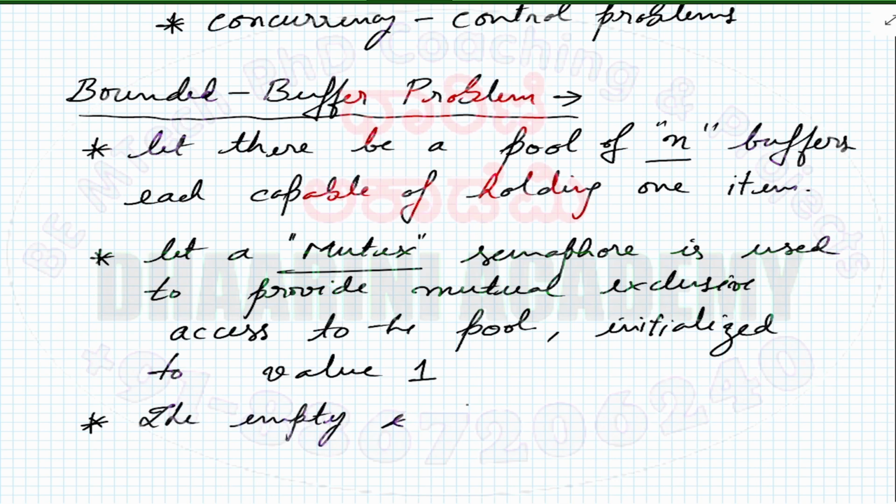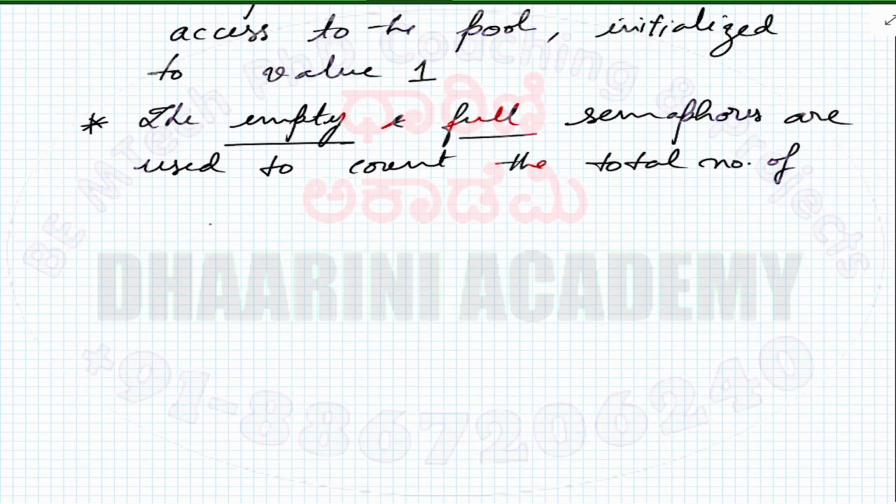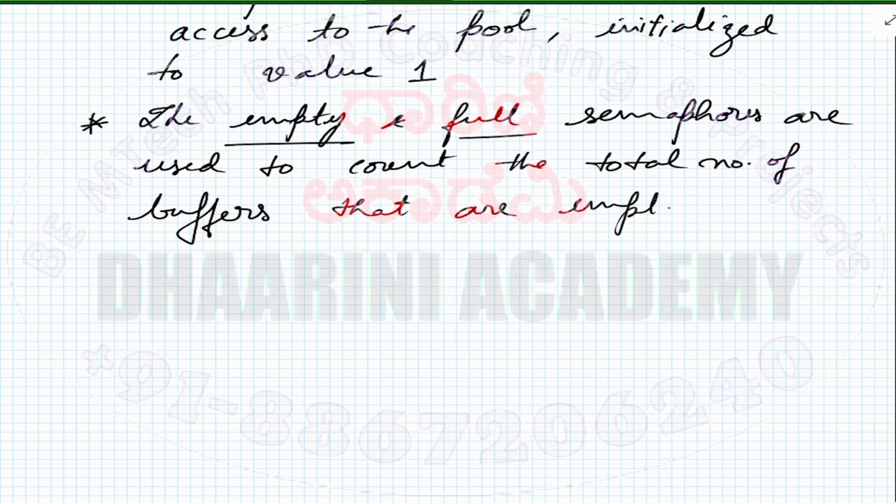The empty and full semaphores are used to count the total number of buffers that are empty and full respectively. So we measure it using them.